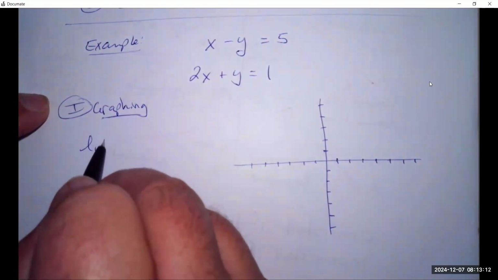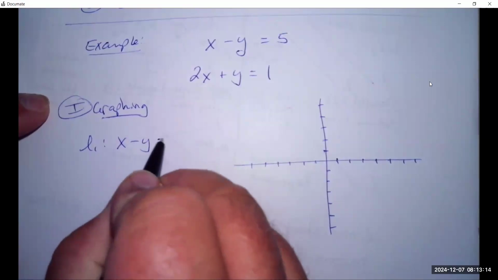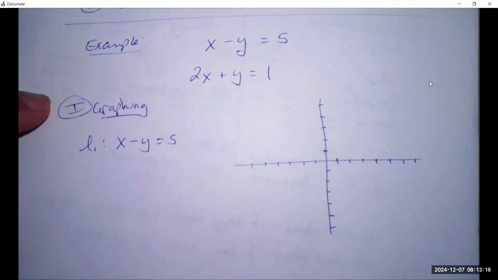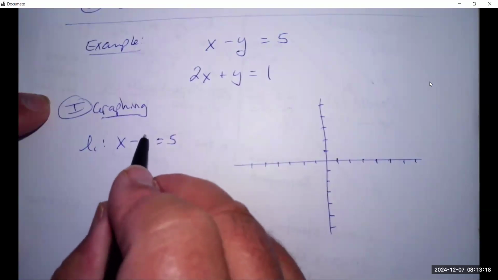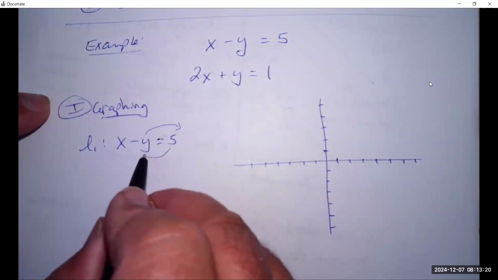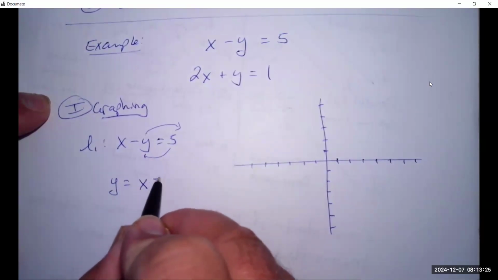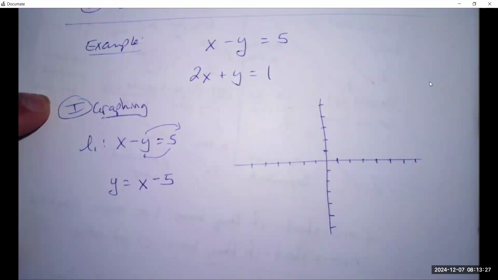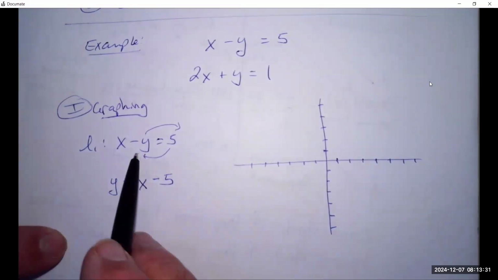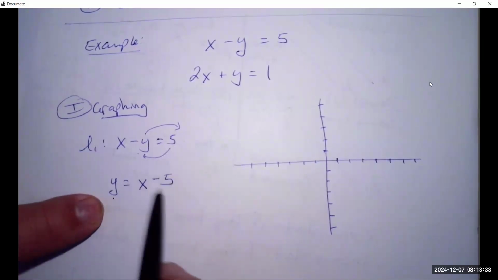So we have line 1, which is x minus y equals 5. Solve for y. So move the y over there and the 5 there. So we get y equals x minus 5. We added y to both sides. We subtracted 5.